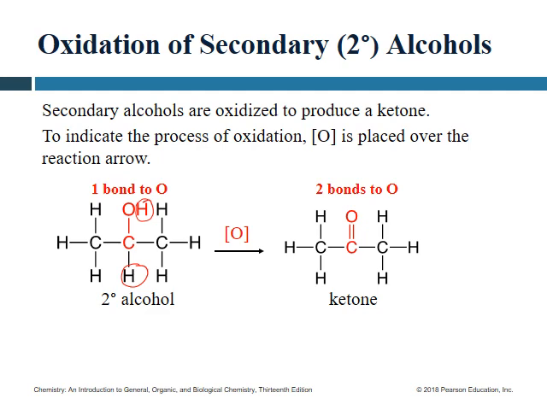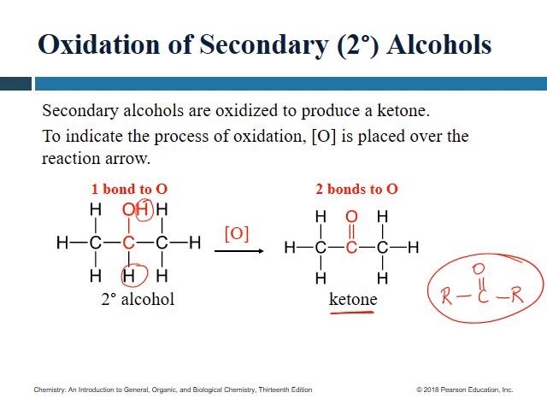Right? This would be lost and this carbon and oxygen will form a double bond. Now this group that you see is called a ketone. This is another functional group which is called ketone. What do we have here? This is R, C double bond O, R. This group is called ketone.